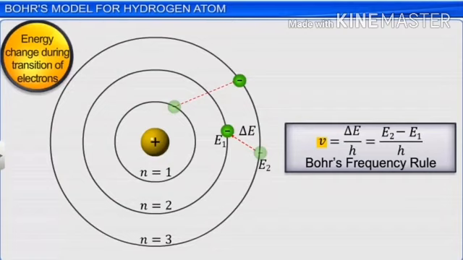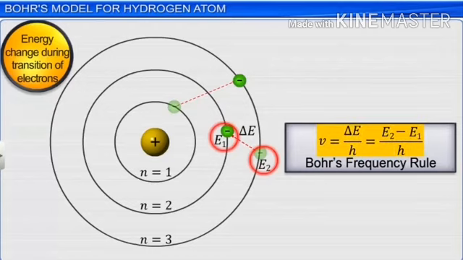In the second postulate, he explained that the energy of the electron in an orbit is fixed unless the electron undergoes a transition. This transition will occur only if the electron is absorbing or emitting a particular radiation. So emission or absorption of radiation will result in the transition of electrons.